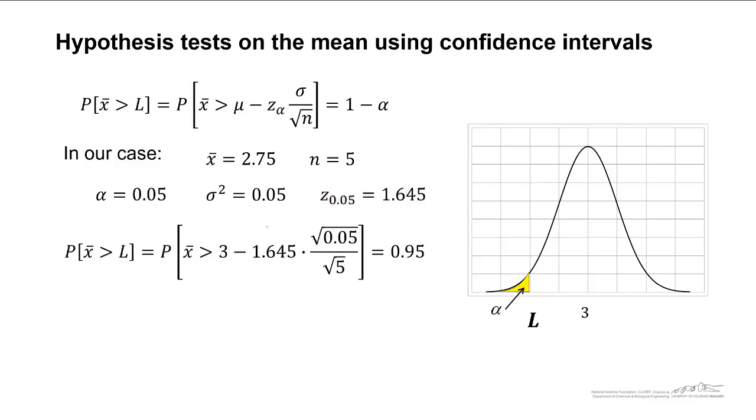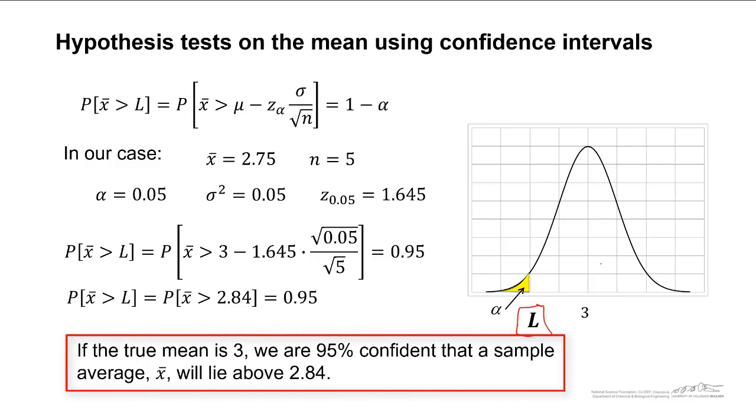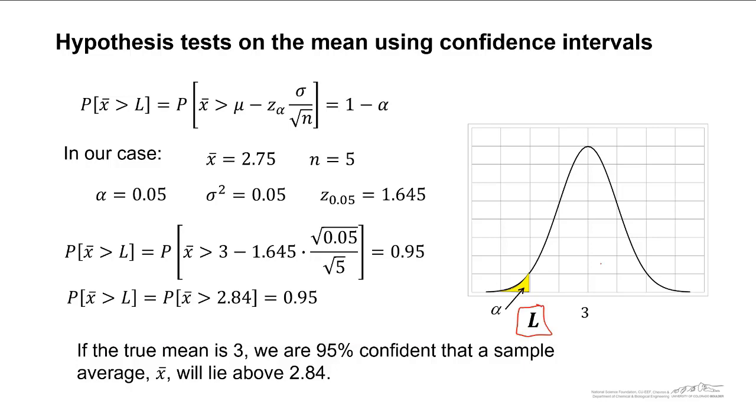And when we plug these values into our confidence bound above, we get that there's a 95% chance that x bar is going to be greater than 2.85. In other words, this lower bound here that has 95% of the sampling distribution above it is 2.84. If the true mean is 3, we are 95% confident that a sample average will lie above 2.84.